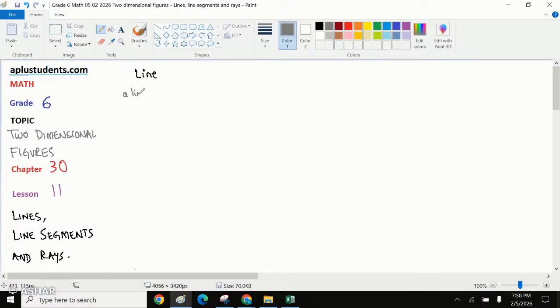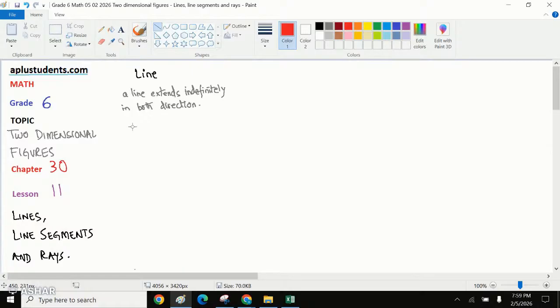A line extends indefinitely in both directions. Indefinitely means a line can extend as much as we want it to extend.